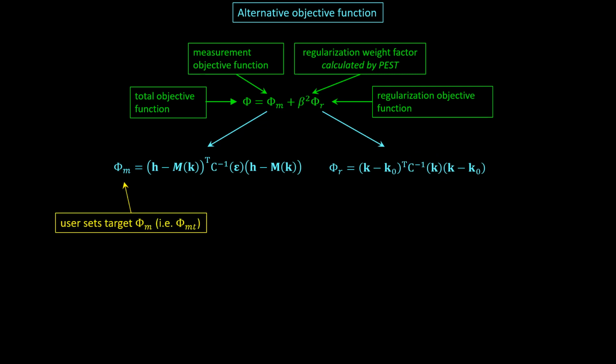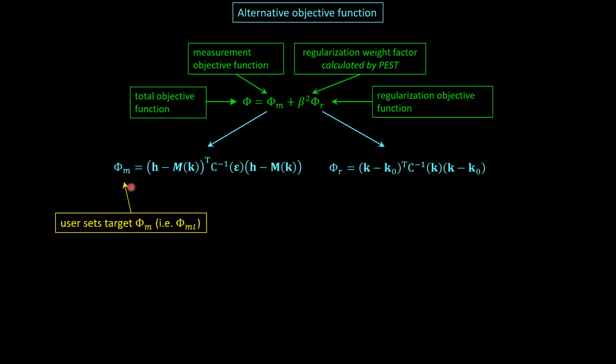Now, in practice, in order for PEST to calculate beta squared, and in order to protect us from overfitting when we've got lots of parameters, the user gets to set a target for the measurement objective function, and PEST will not reduce the objective function any more than that target.